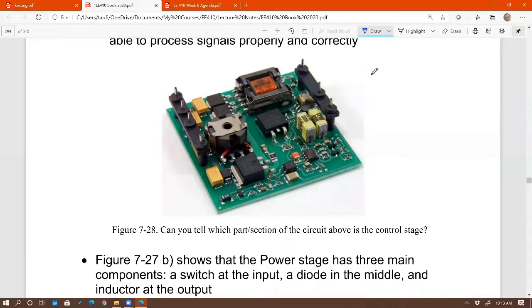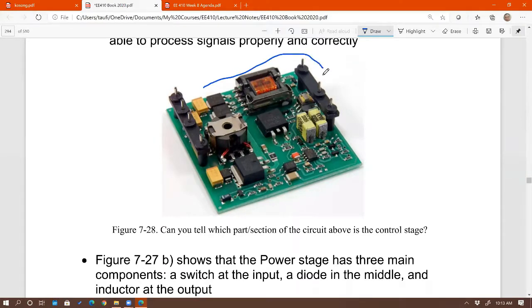The next step would be to actually build the circuit. So when you actually build it on a PCB, you want to be able to lay it out properly, right? And so you can see the contrast here in terms of placement of components for power stage versus controller stage. Power stage is where, what I said earlier, major currents flow.